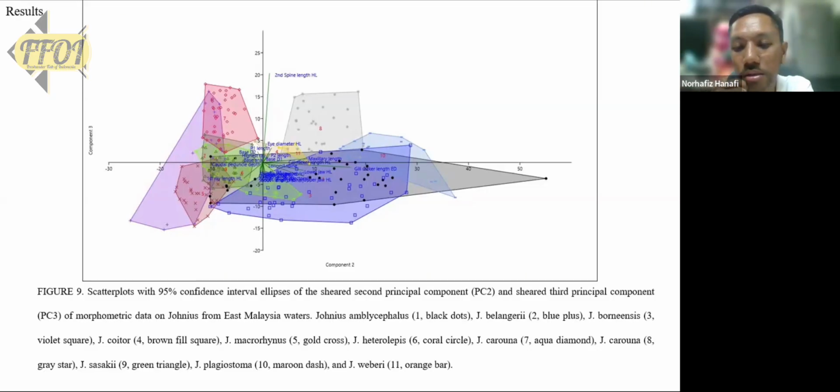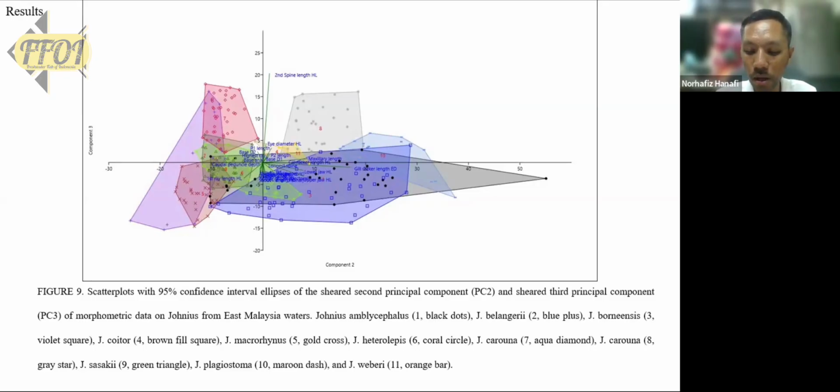So this is done by statistics. By statistics, you can implement the PCA to differentiate every species for all the species.